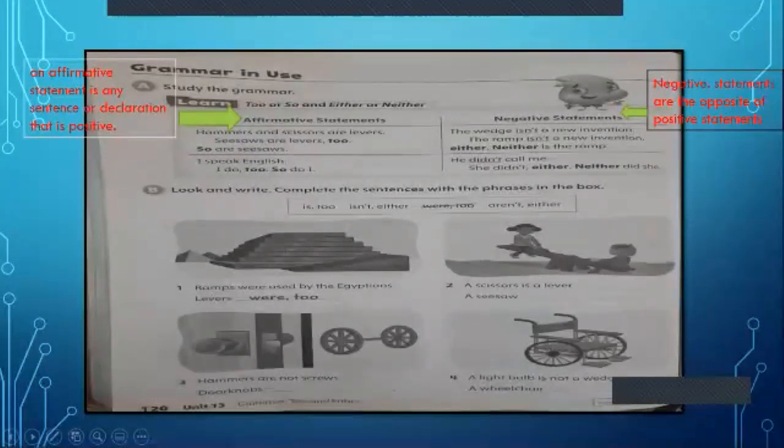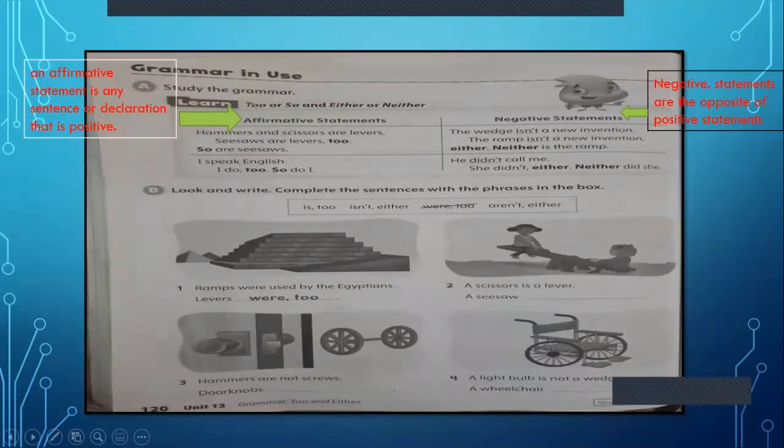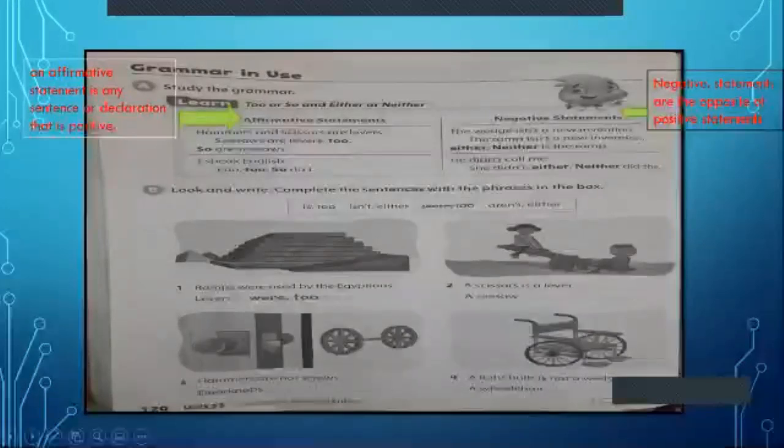When we use either here, we would say the wedge isn't a new invention, the ramp isn't a new invention either. But when we use neither, we will say neither is the ramp. The subject you're talking about will come last.